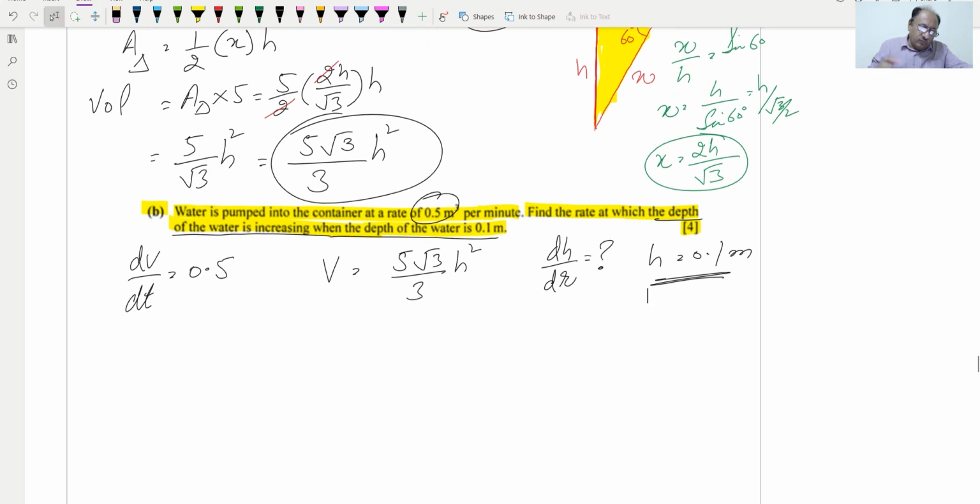Now dv over dh, we can find dv over dh. We will take the derivative of this equation, and this constant will be as it is, and derivative of h square will be 2h. And now we can replace this value.